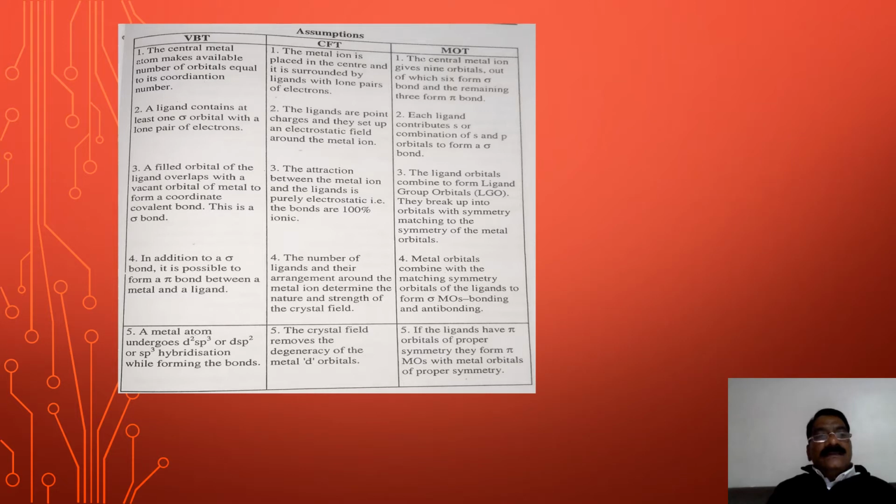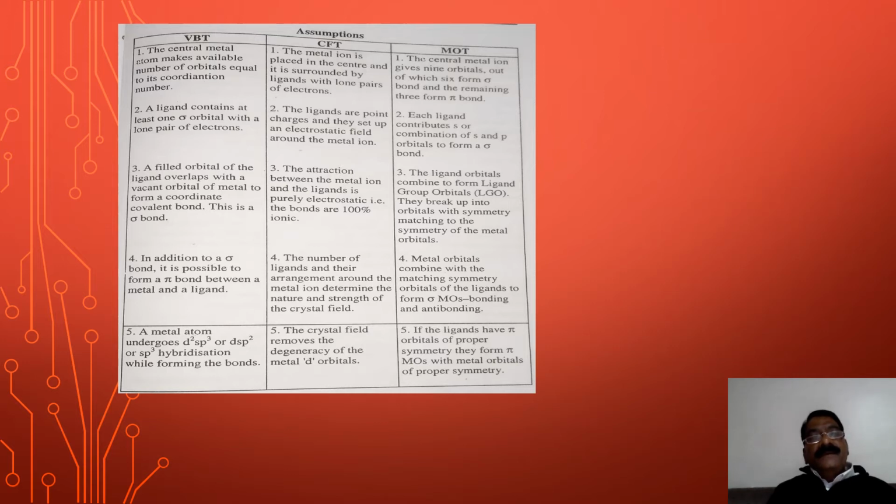This is a sigma bond. Fourth, in addition to the sigma bond, it is possible to form a pi bond between metal and ligand. Fifth, a metal atom undergoes d2sp3 or dsp2 or sp3 hybridization while forming the bonds.